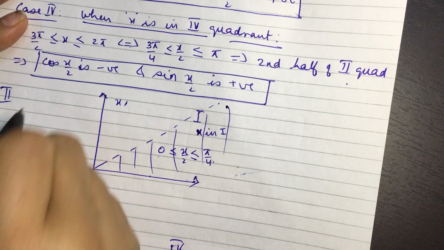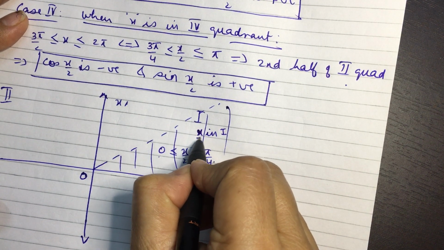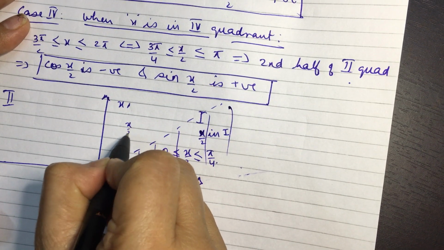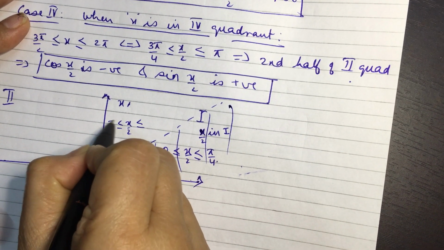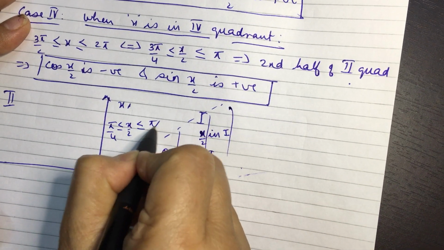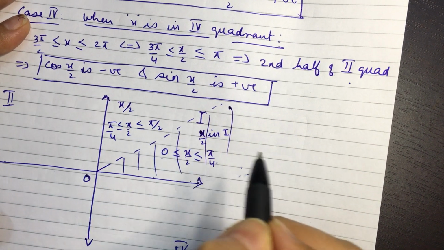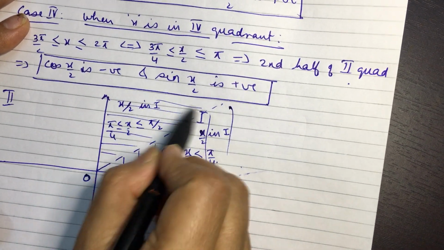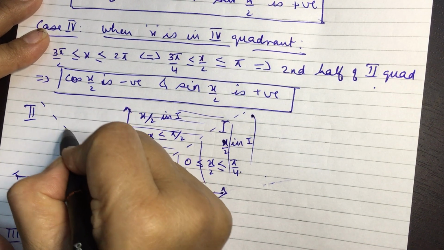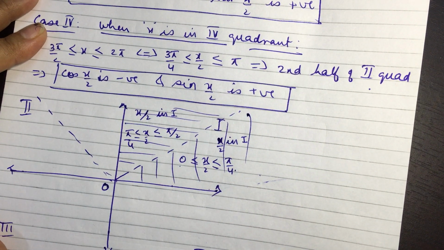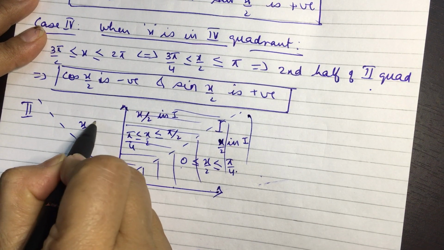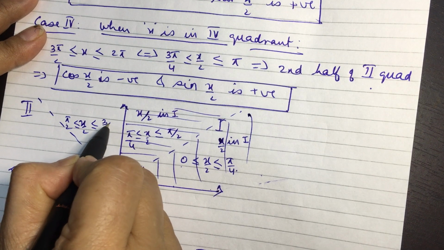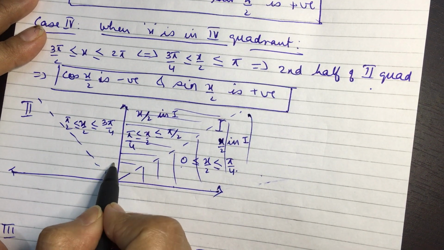When x is in second, then x by 2 lies between pi by 4 and pi by 2. So x by 2 is again in first. This is the second one. Now when x lies in the third quadrant, x by 2 lies between pi by 2 and 3 pi by 4, the first half of the second quadrant.